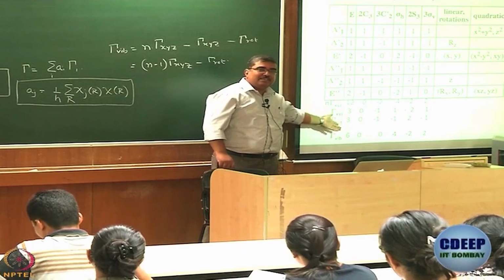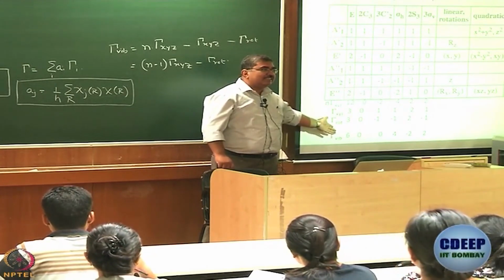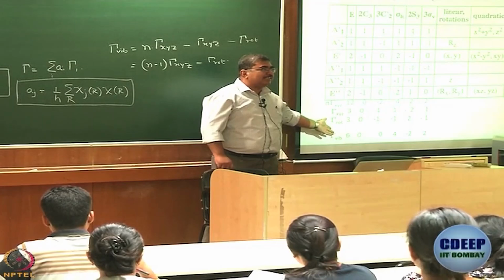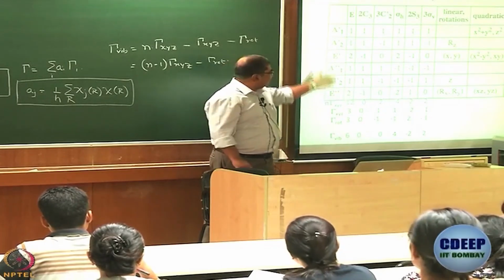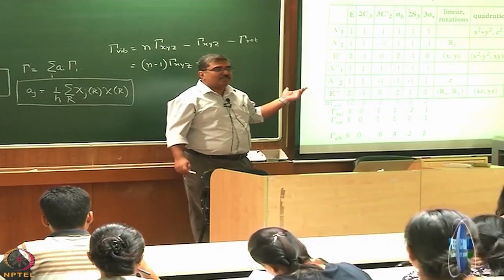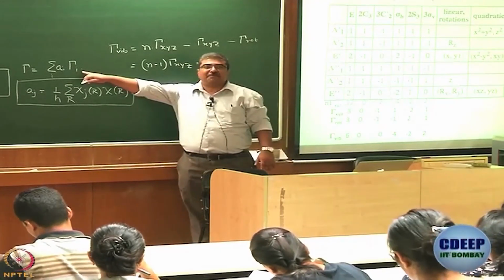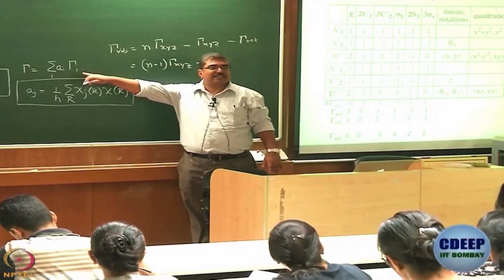See, gamma vib is a representation. What is the dimensionality? 6, because character for E is 6. Look at the character table. Is there any 6-dimensional representation? No. That means this is a reducible representation. So I should be able to write it as a sum of irreducible representations, right?